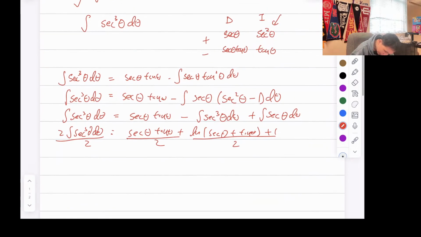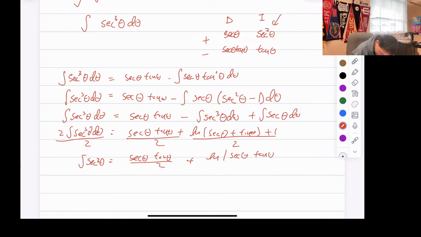So that's going to be integration of secant third theta is equal to secant theta tan theta over 2 plus natural log of secant theta plus tan theta, over 2, right? Is that okay?